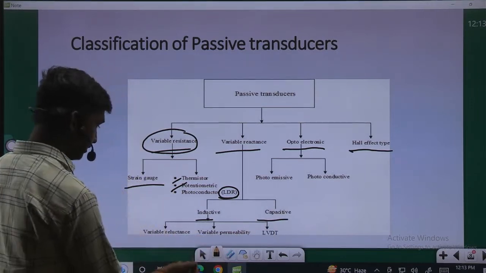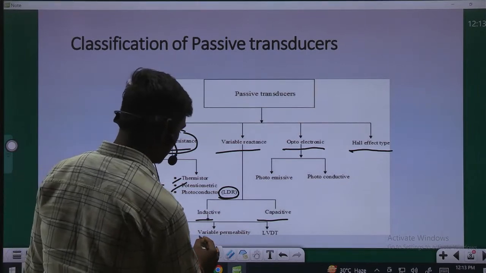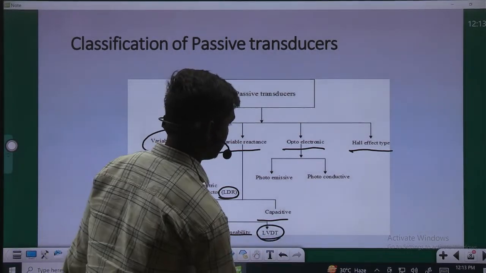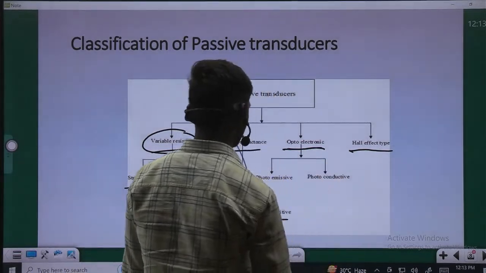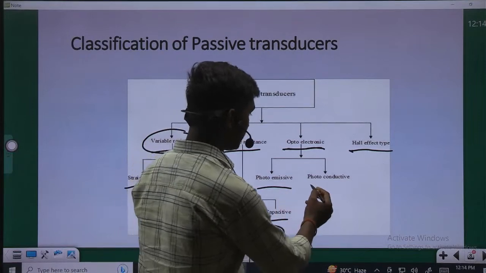In inductive types there is variable reluctance, variable permeability, and LVDT. And in optoelectronics there are photoemissives and photoconductives.